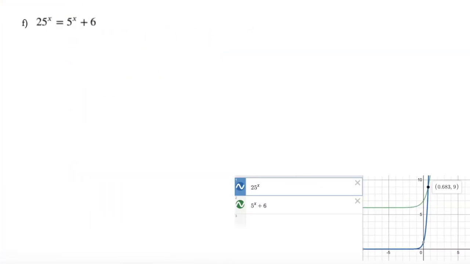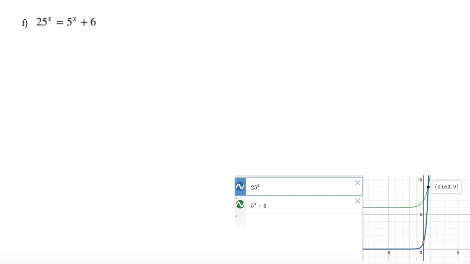Few more examples, because this time I have 25 to the power of x and I have 5 to the power of x plus 6. Bear with me here. I've got two examples that are going to go through the same technique that we're going to do here. We're going to make it look like a quadratic.